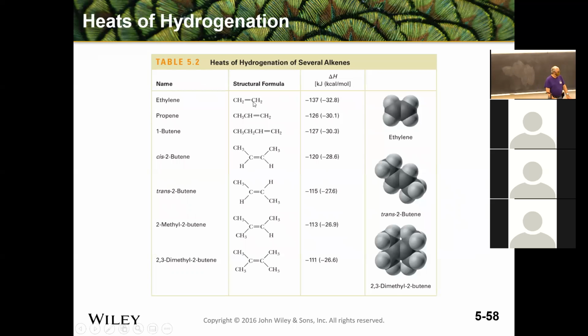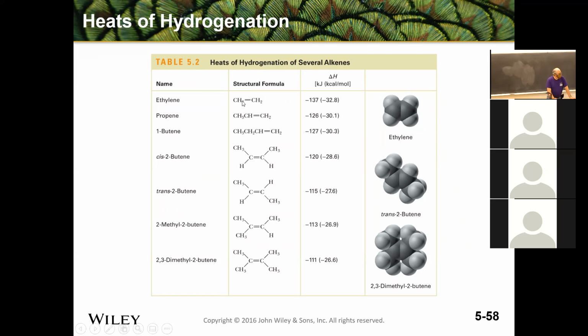And you can see that ethylene is the reference compound here, and it has a delta H of negative 137 kJ per mole.